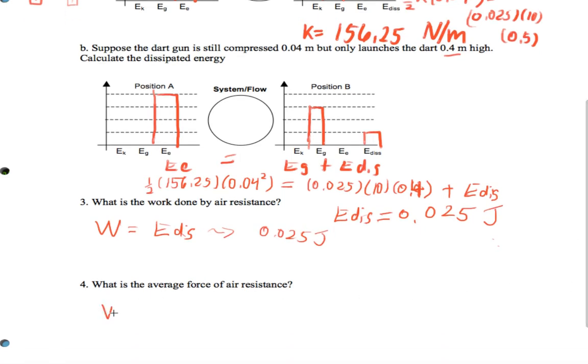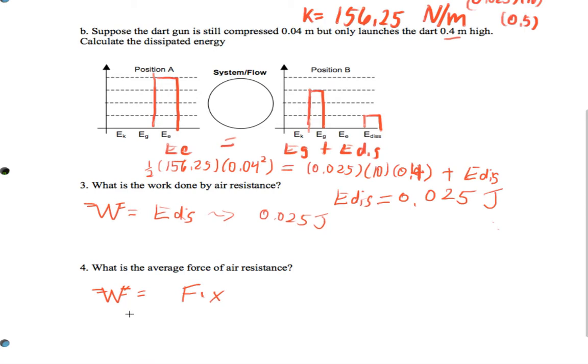Now, if we want to get the average force of air resistance, now we use, and you know what? I'm going to use the Wonder Woman W for work. So the average force of air resistance is going to be F times the x, the distance over which it acted. So we know we have 0.025 joules of work equals the force times the distance over which it acted, which is 0.4 meters.